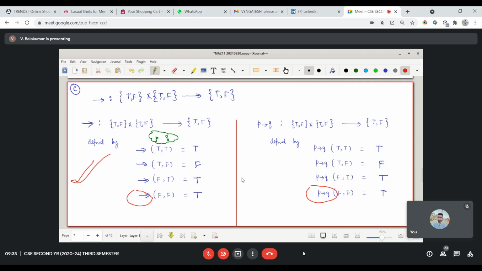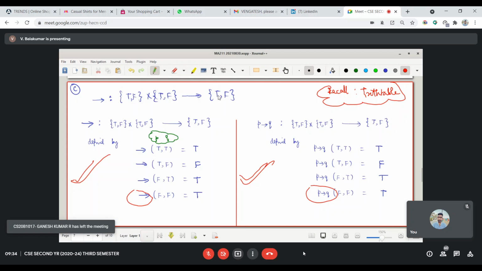Both are okay. Is it okay? Recall the truth table yourself, I'm not writing it down. That's it. So again, this implication P implies Q is viewed as a function from a two-input set, a Cartesian product of these two sets, to a single output set.